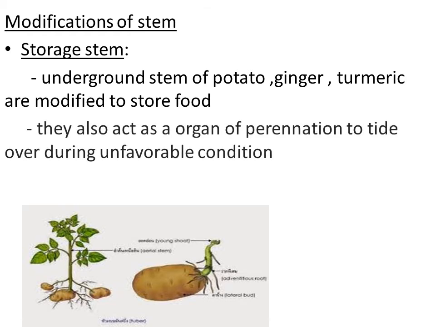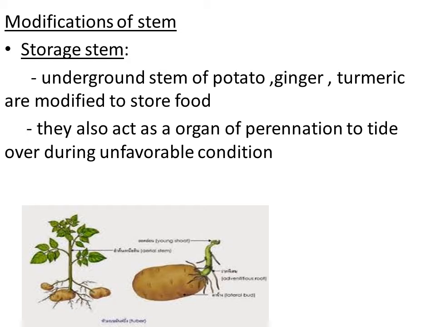So the storage stem acts as an organ of perennation. Perennation is nothing but the survival of the plant from one growing season to another. For planting potato in the next growing season, we can use the tuber, right?